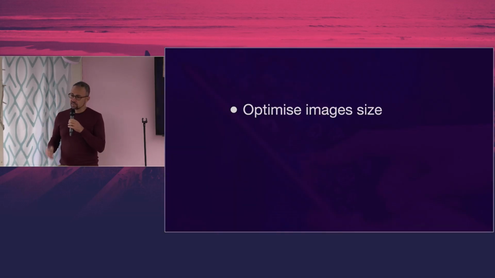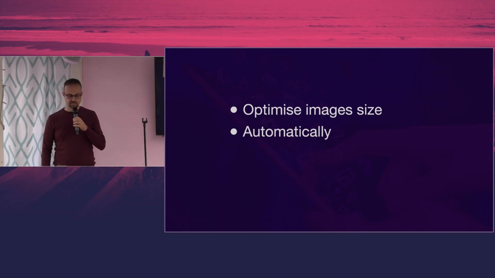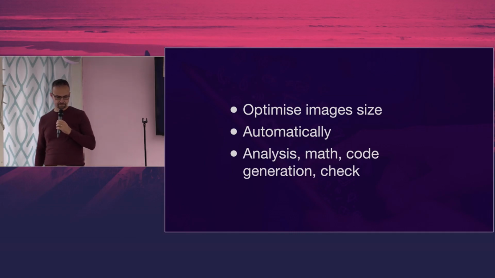So in this talk, I want to tell you how to optimize the size of your images, and do it automatically with a tool that I've created. It analyzes the images on your website, does the math to propose the correct image size, creates the code for your responsive images, and checks that at many resolutions, the image that gets downloaded is the one you expected.